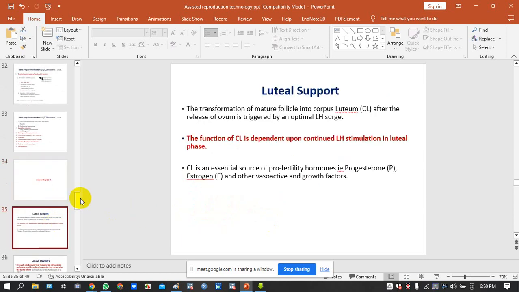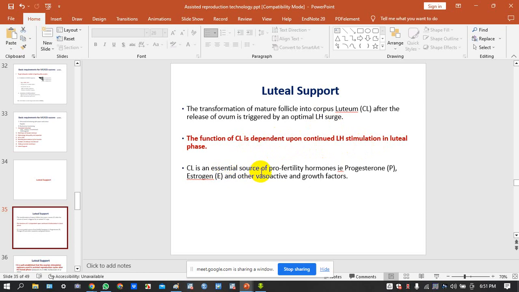Luteal support basically has to do with how, after you have implanted the embryo or the blastocyst inside the endometrium, you make the endometrium nourished enough to take care of the fetus or the blastocyst. The transformation of the mature follicle into corpus luteum after the release of the ovum is triggered by an optimal luteinizing hormone surge. The function of the corpus luteum depends upon continued luteinizing hormone stimulation in the luteal phase.